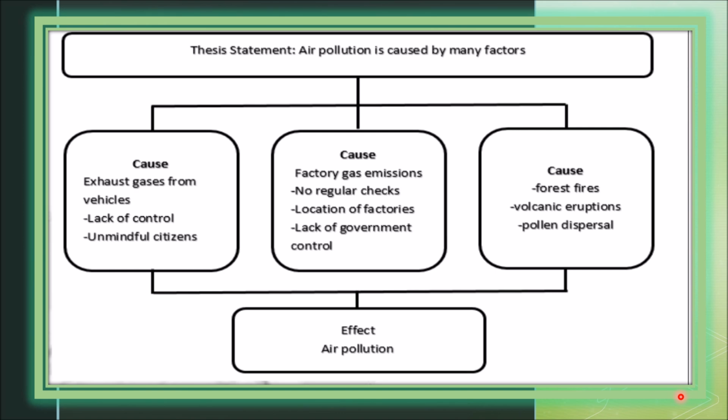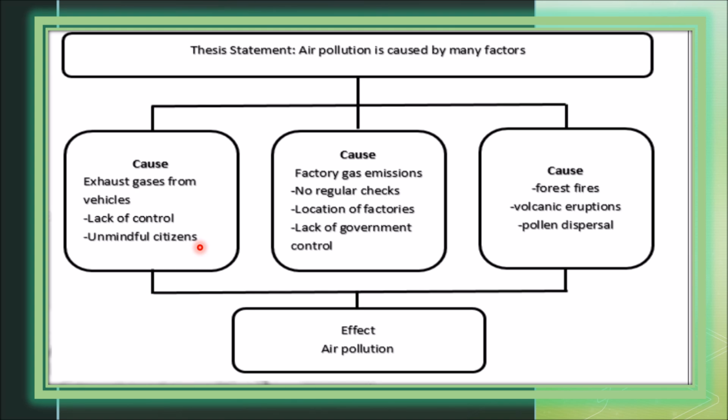As you can see, the thesis statement here is: air pollution is caused by many factors. These are the causes and the effects. In the graphic organizer, the first cause of air pollution is exhaust gases from vehicles, lack of control, and mindful citizens.